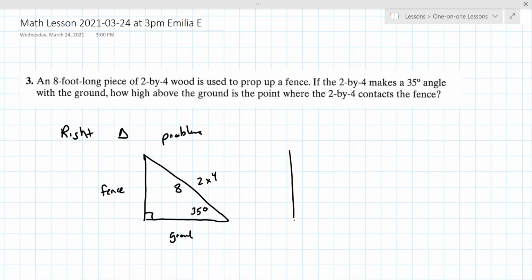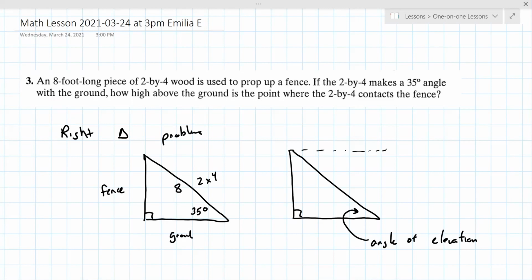When you're drawing a triangle and you have the angle with respect to the ground, this is called the angle of elevation. This is actually covered in question 1. So that's the angle of elevation, and if we needed to, this is called the angle of depression.